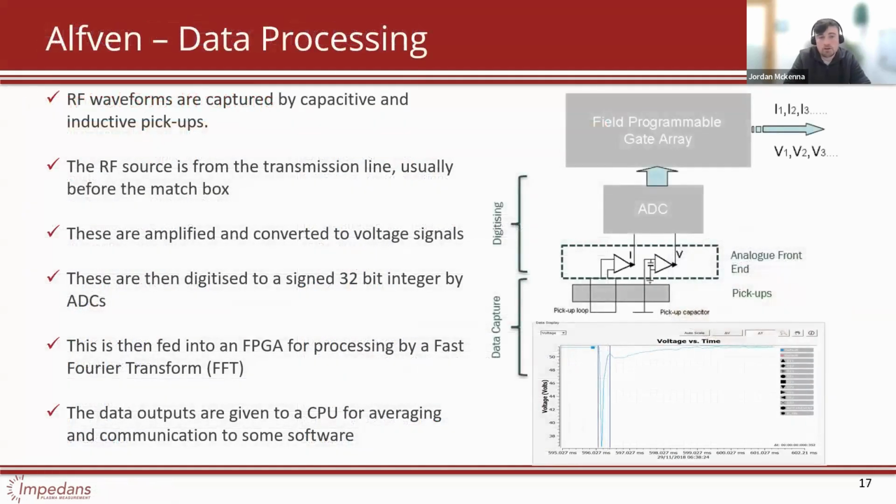On the pickup board, there is a capacitive and inductive loop. Using those, we are picking up electric fields and magnetic fields, and then converting this into voltage and current. By digitizing these voltage signals with a 32-bit integer ADC, this goes into an FPGA, and then we can pull out data which we looked at earlier today.